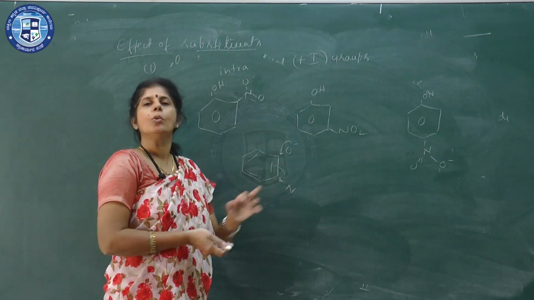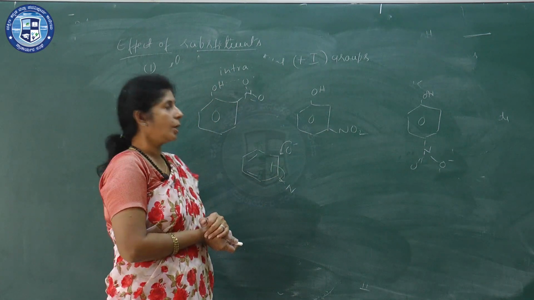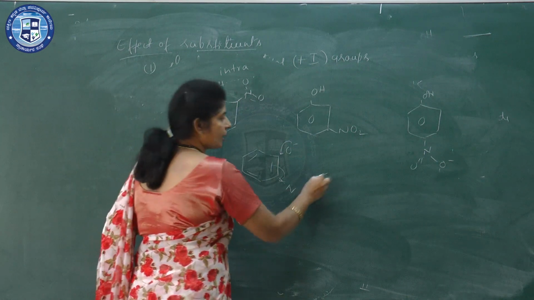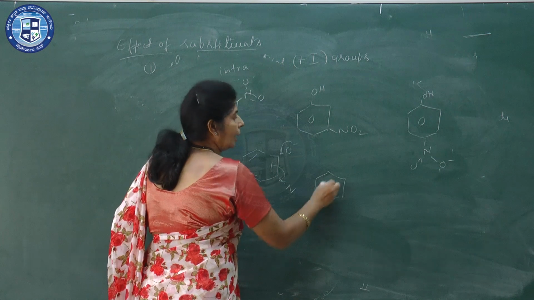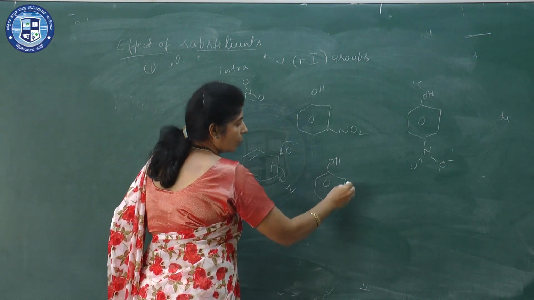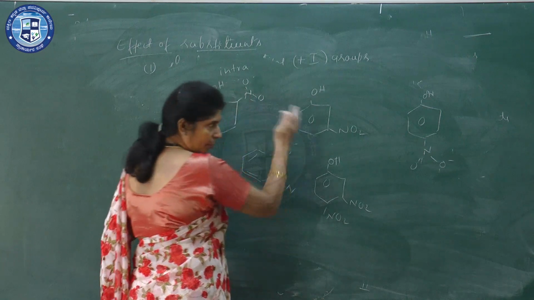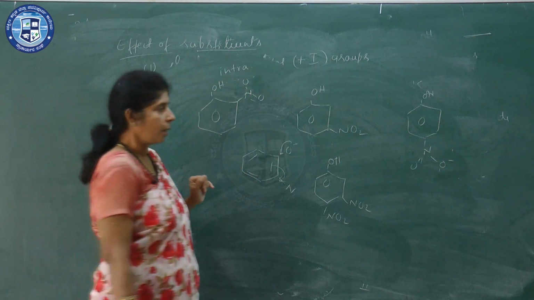As the number of NO2 groups on the phenolic structure increases, the acidic character also increases. That means if you take nitro compounds, if two groups are present, then compared to mono it is stronger.